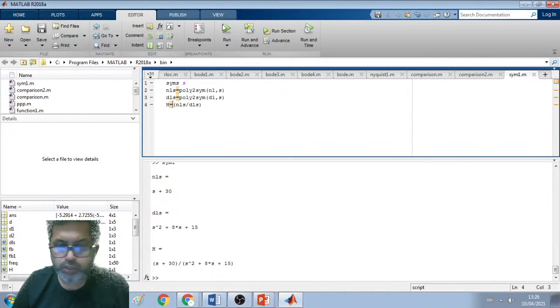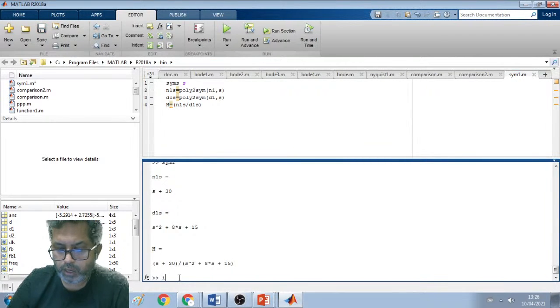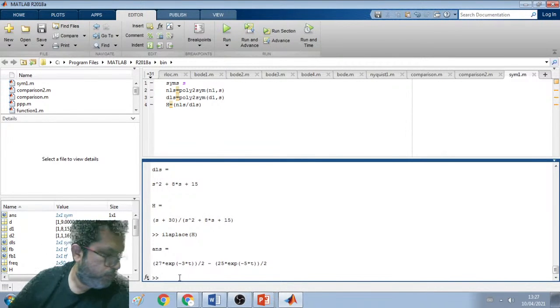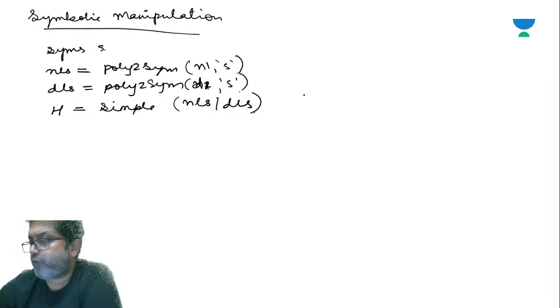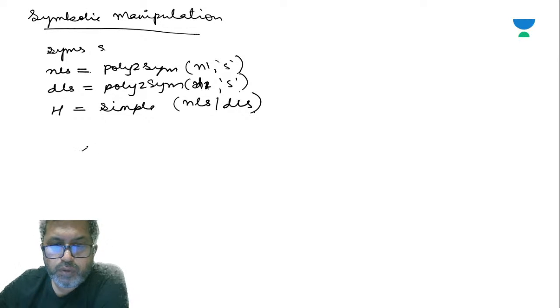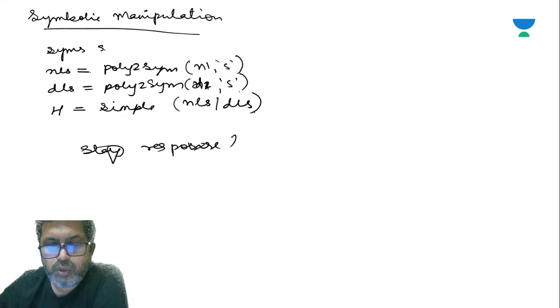You can also find out inverse Laplace transform, ilaplace H. So suppose you want to find out the step response to H. H is the transfer function.